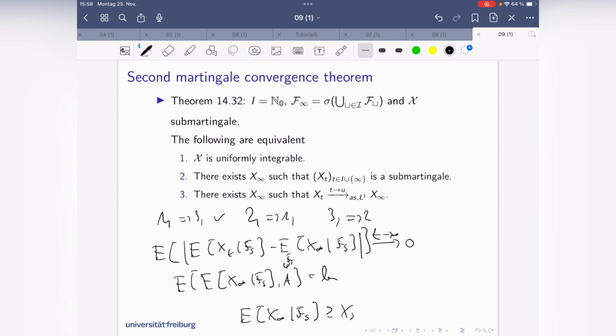This here is, by what we just showed, the limit as t goes to infinity of the expectation of the conditional expectation of xt given fs.